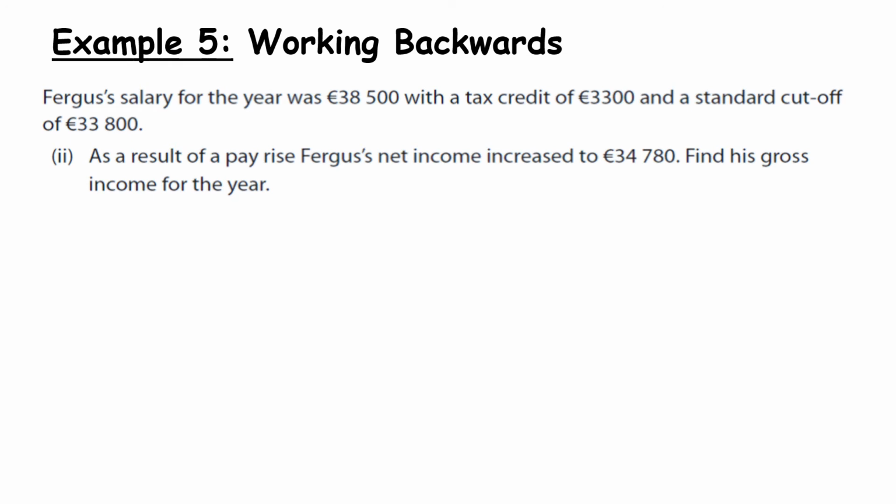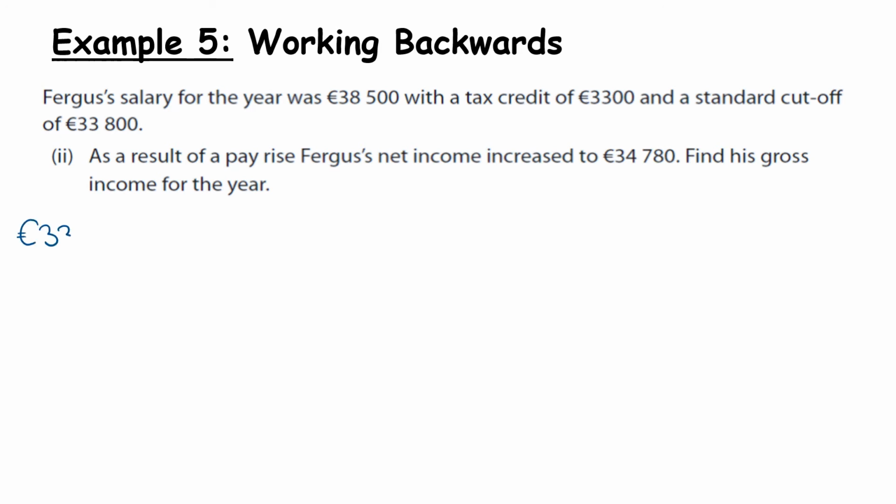So Fergus's salary for the year, we used all that piece, and now it says, as a result of the pay rise, Fergus's net income increased to 34,780. Find his gross income for the year.